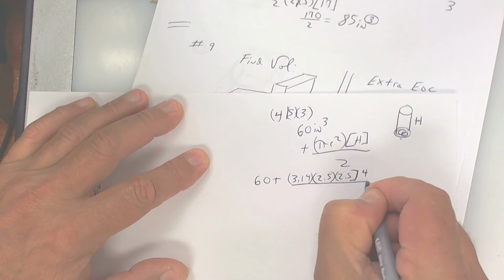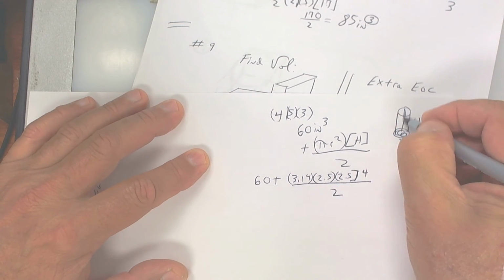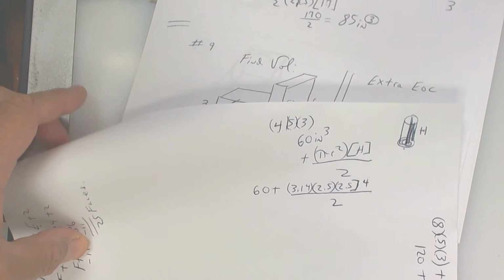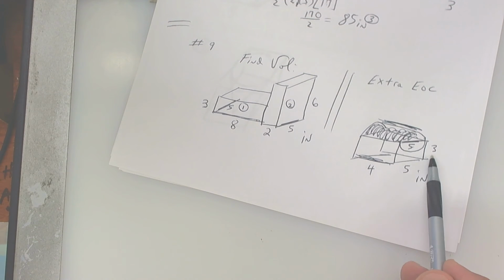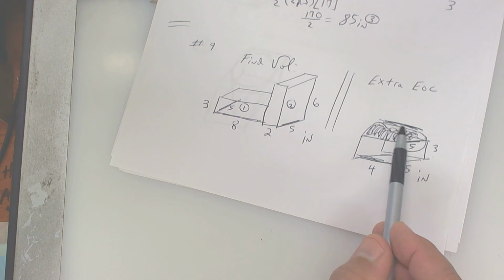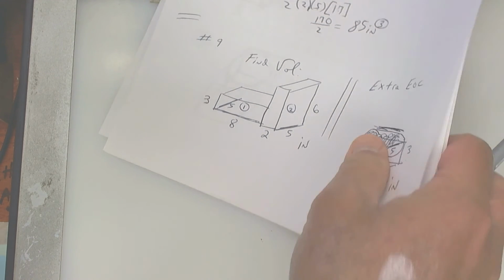And you want to divide by 2 because you only want half of the cylinder. Now, if you can do your math, you'll get your answer. Make sure you understand the concept. It's a box, length times width times height, and then half of a cylinder. And the height is from here to here, which is the same as that. That is an EOC question. Memorize it. Let's go on.